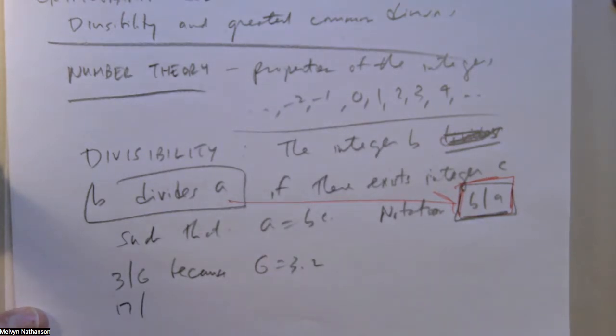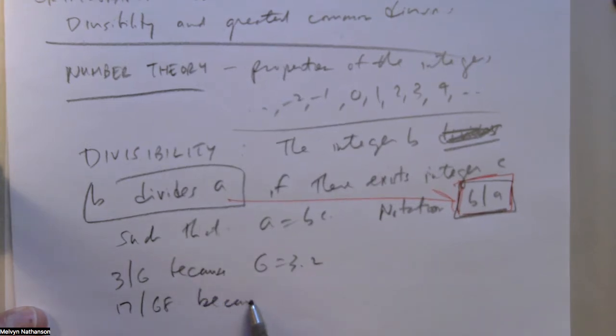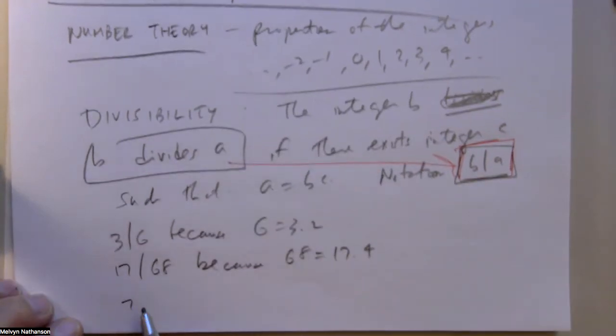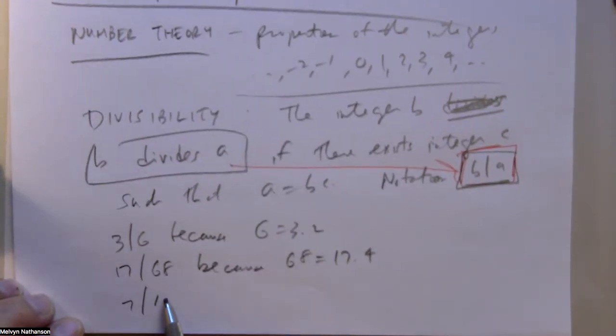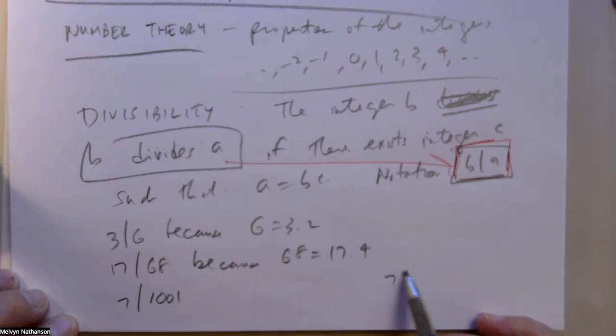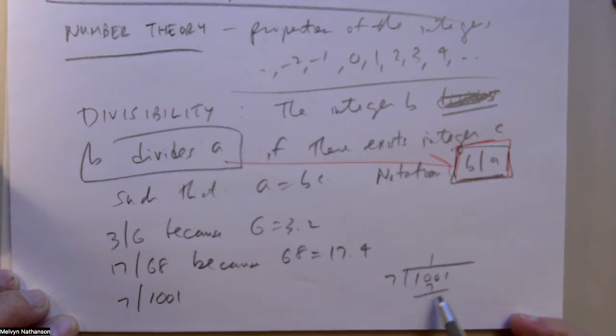So for example, 3 divides 6 because 6 is 3 times 2. 17 divides 68 because 68 is 17 times 4. 7 divides, I think 7 divides 1001. Why is that? Well, one way to check is divide 7 into 1001. Let's see if I can do it by long division.